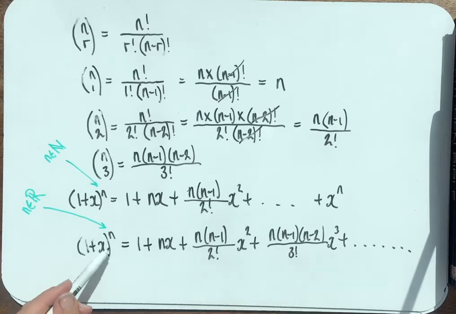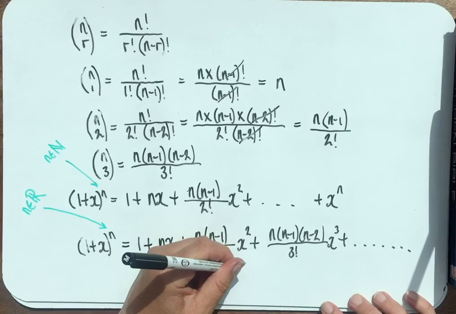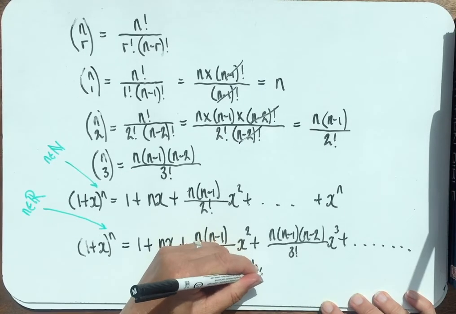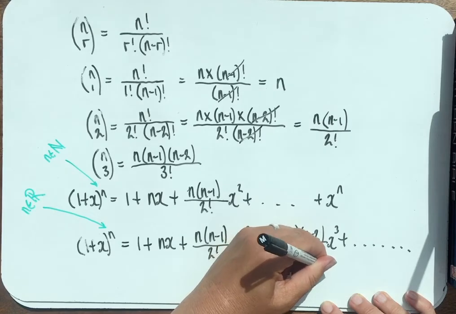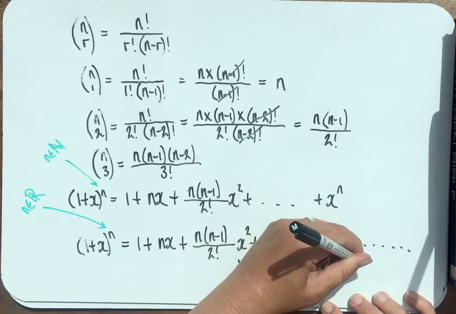And so by lifting this restriction on n and saying n is going to be any real number, we have to put a restriction on x. So this is valid for -1 less than x less than 1.